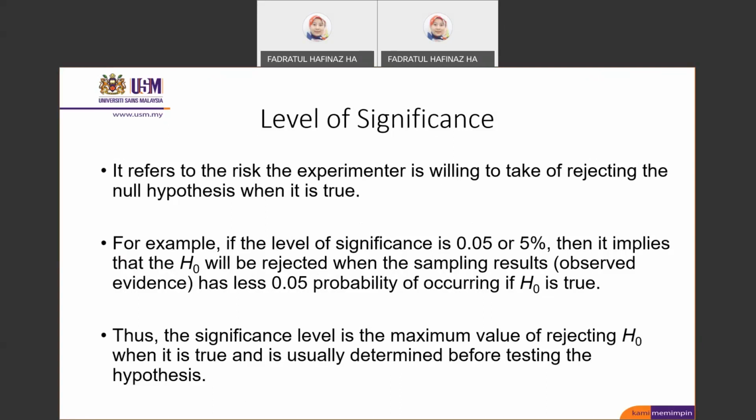For example, if the level of significance is 0.05 or 5%, then the null hypothesis will be rejected when the sampling result has less than 0.05 probability of occurring if the null hypothesis is true. So the significance level is the maximum probability of rejecting the null hypothesis when it is true, and is usually determined before testing the hypothesis.